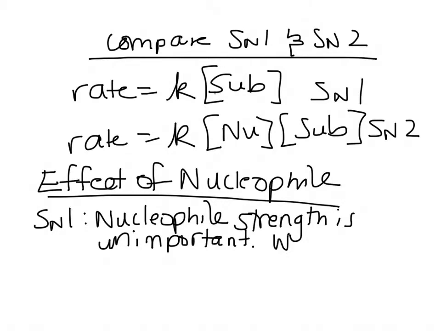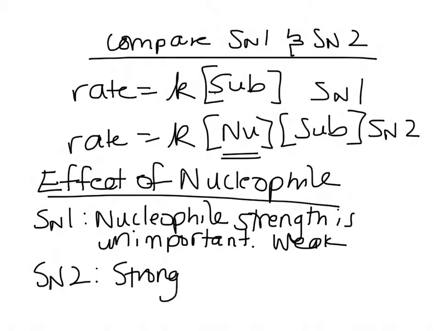We can have a weak nucleophile. For SN2, the nucleophile is involved in the rate, so strong nucleophiles are required.